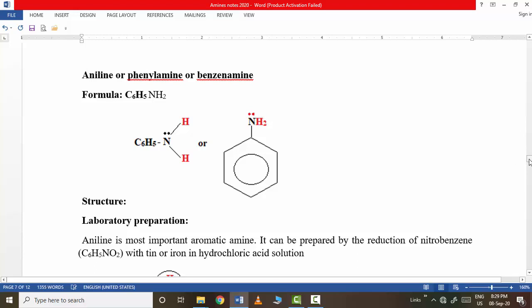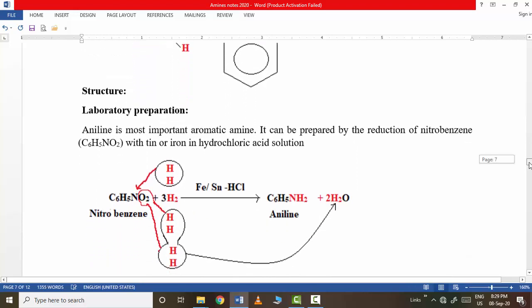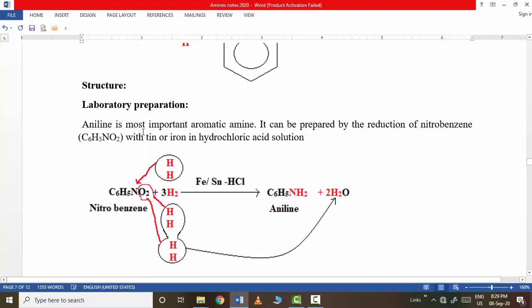Let us look into the laboratory preparation. Aniline is the most important aromatic amine. Among the aromatic amines, aniline is most important. It can be prepared by the reduction of nitrobenzene. So remember, it can be prepared by reduction of nitrobenzene.